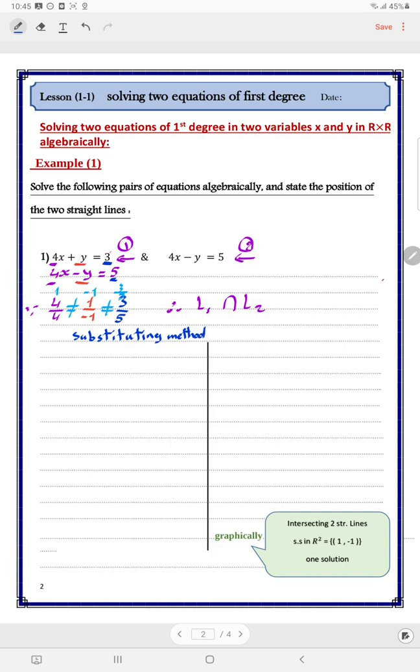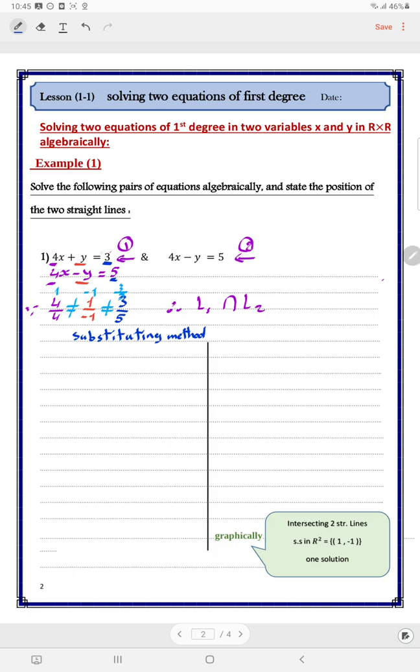From its name, I will use one equation to substitute in the other. I will use equation 1 to substitute in equation 2, or vice versa, I will use equation 2 to substitute in 1. This is very important: use one of them to substitute in the other, after putting the equation in the form x equals or y equals.